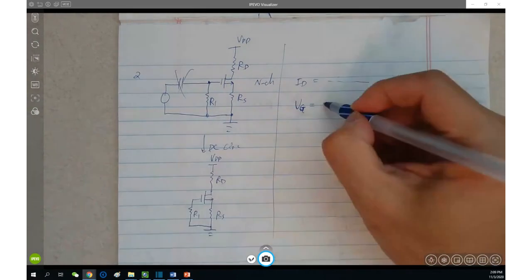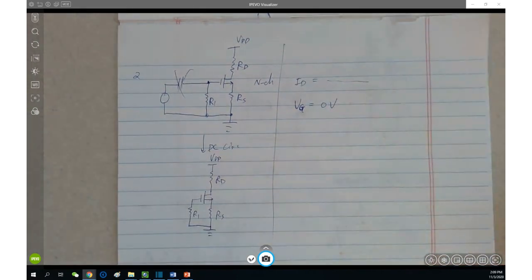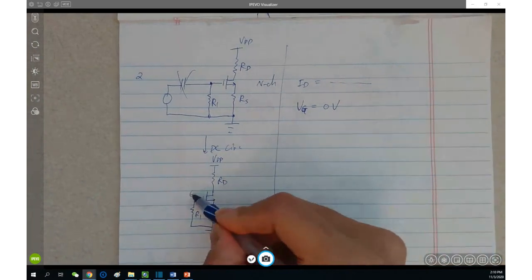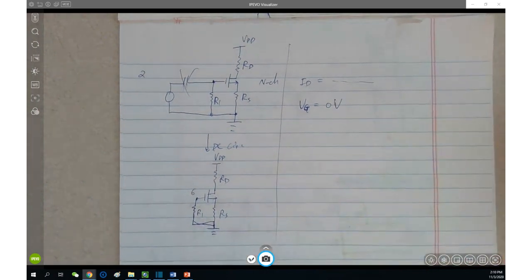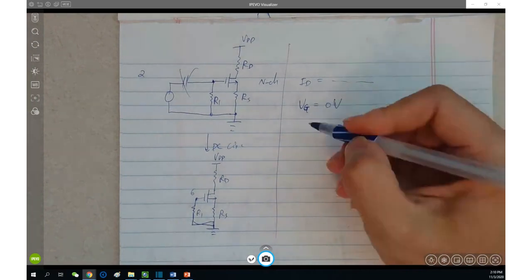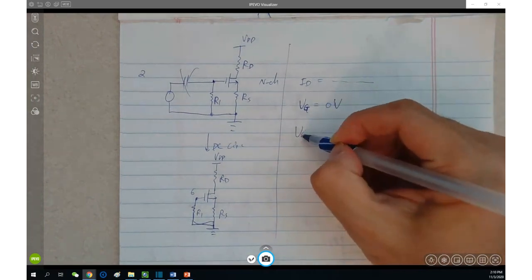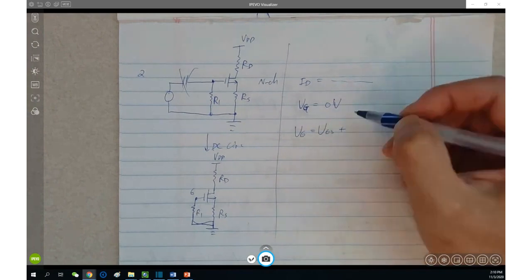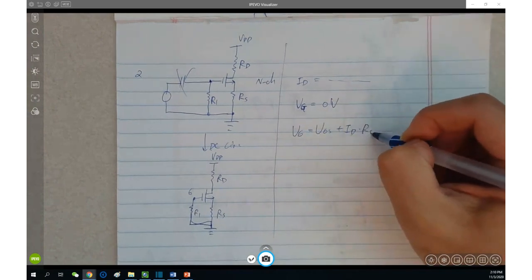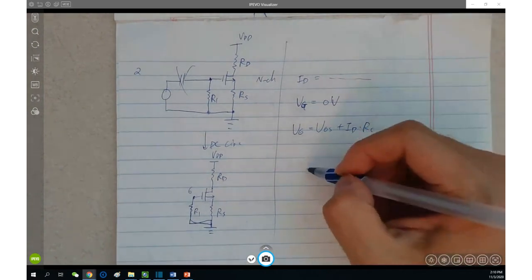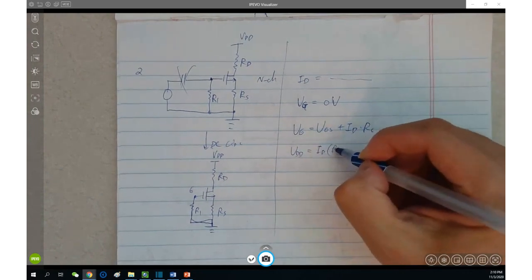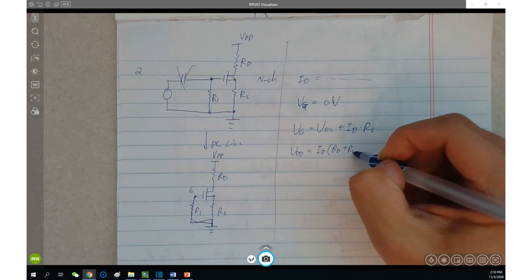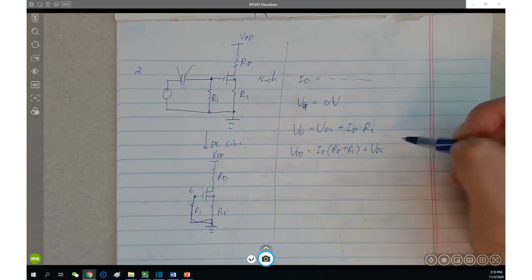Okay, for the same reason, right? No current through R1, so no voltage potential between the gate and the ground. Then we have VG as KVL: VG equals VGS this time plus ID times RS. It's the same. And from top to bottom, KVL is VDD equals ID times RD plus RS plus VDS. Right?